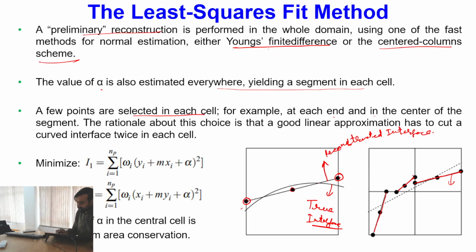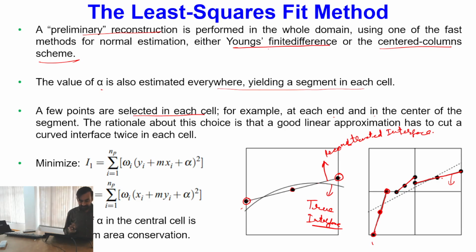If all these are preliminary reconstructed line interfaces, then you see this interface is crossing at this edge, 1 point, 2nd point, and the 3rd point is the mean of these 2 points, that is this. Then this is the preliminary interface, 1, 2 and mid of these, 1, 2 and mid of these. So likewise I will be defining all the points in different cells.